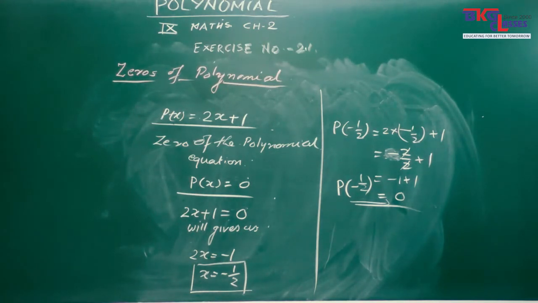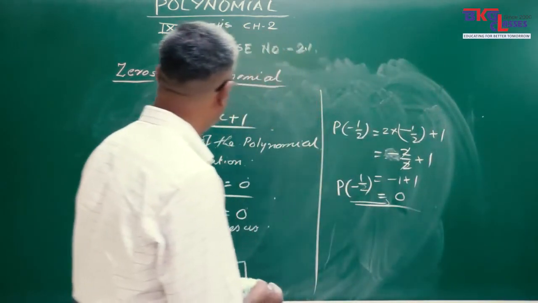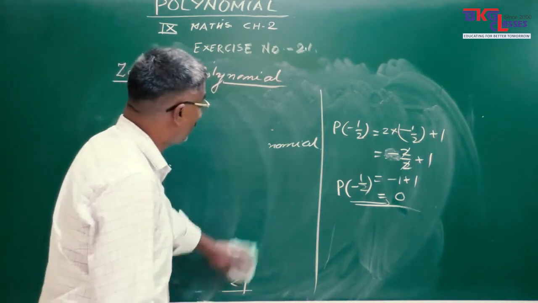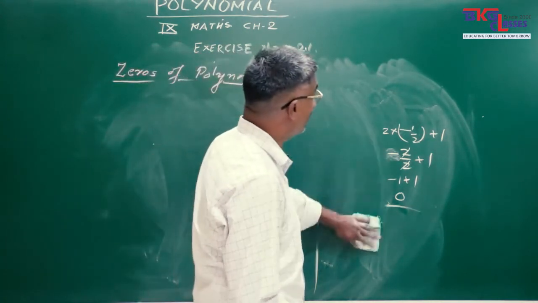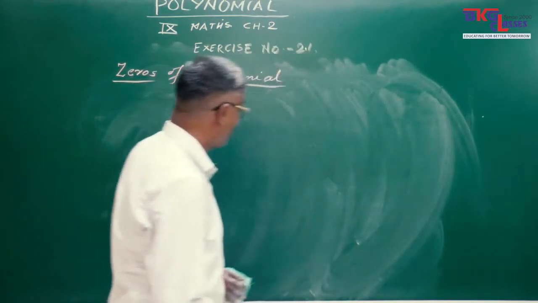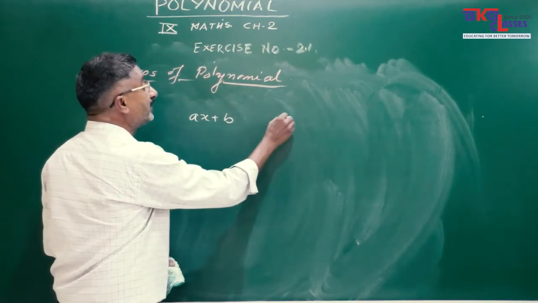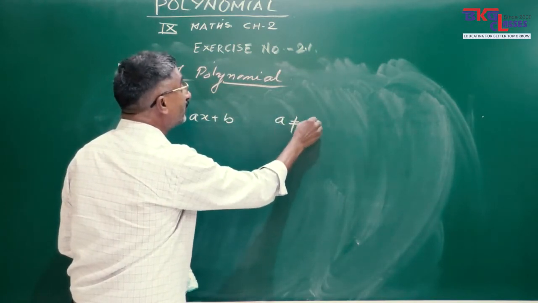In the general form, it is given in your book that ax plus b is equal to 0, and if a is not equal to 0, then the zero will be equal to minus b upon a. In a similar way, this is the linear equation ax plus b, in which a should not be equal to 0.